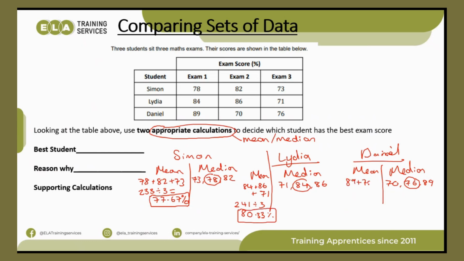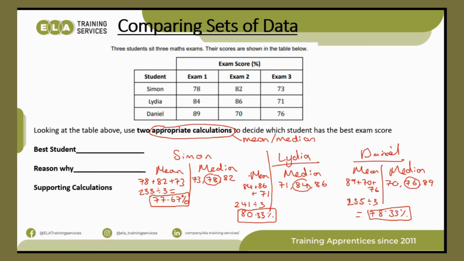Let's do Daniel's to finish with. 89 add 70 add 76. This is where all your marks come in this question, from your calculations. So it's 235 divided by 3, which then gives us 78.33%. Because these questions are around 5 or 6 marks, we get our marks from showing our calculations, making our decisions, and then our sentences.